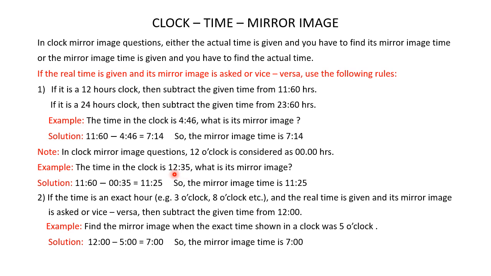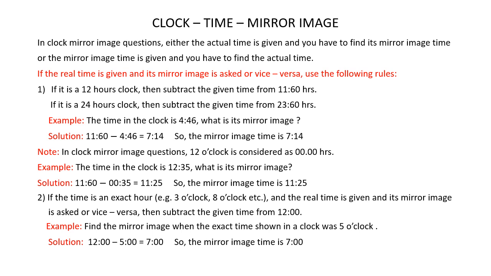Now we know that 12 means 0. So 12:35 means 00:35. So you have to subtract 00:35 from 11:60 to get the mirror image. So 11:60 minus 00:35. 11 minus 0 is 11. 60 minus 35 is 25. So the mirror image time is 11:25.